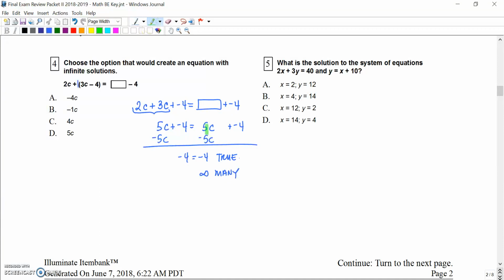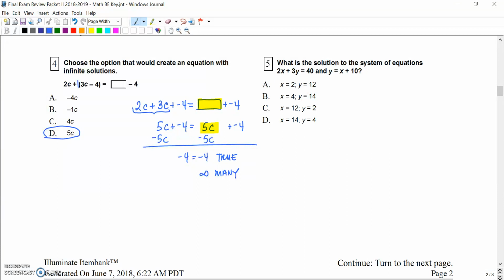So we now know that 5c is the best answer choice for the box. And the other ones, if we were to plug them in and solve them, would not give us infinitely many solutions. They might give us one answer, or they might give us no solution.